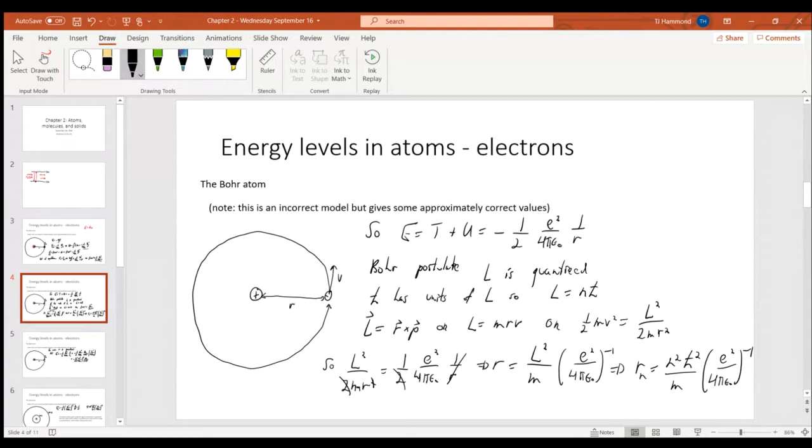People would have been able to calculate that 400 years ago or 300 years ago, though. But what Niels Bohr proposed, his postulate, basically his guess, was that h bar has units of an angular momentum.